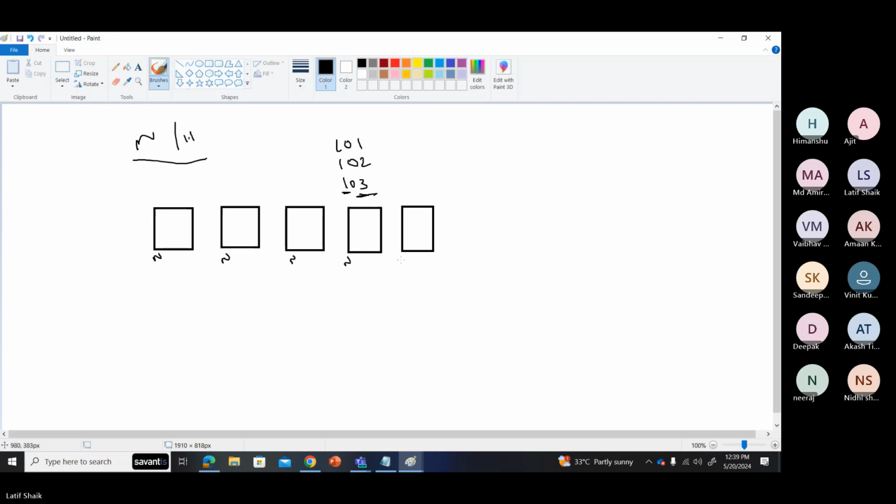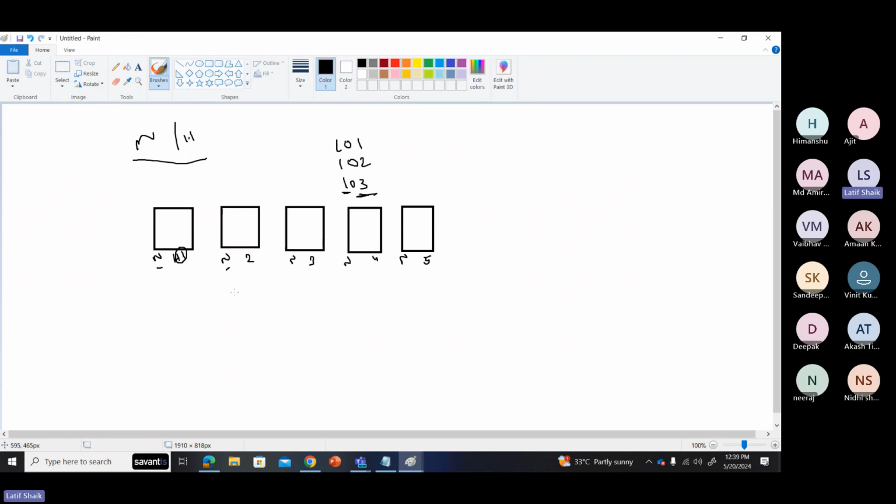In a network IP address, we have a network portion and a host portion. The host portion is different for actual identification of each and every device. Like this is 1, this is 2, this is 3, 4, 5.